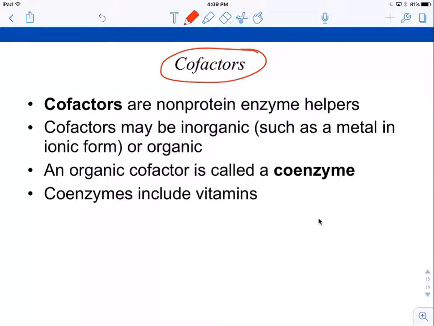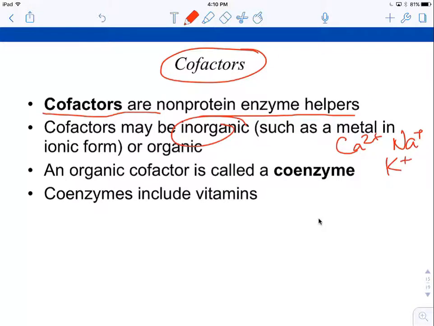Cofactors are other things that can usually help enhance the activity of an enzyme and sometimes are necessary for the activity of an enzyme. Cofactors are non-protein enzyme helpers. Okay, so you can have inorganic, such as metal ions like calcium and sodium, potassium. Those are all inorganic cofactors.